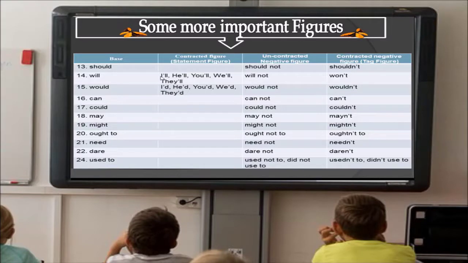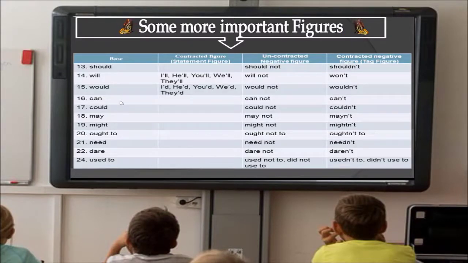That means the statement part will be I will, he will, you will, we will, they will, etc. Okay, and the negative figure will be won't. Would can be used like this: I would, he would, you would, we would, they would. Okay, and the uncontracted negative figure is would not, and the contracted negative figure, that means the tag figure, will be wouldn't.